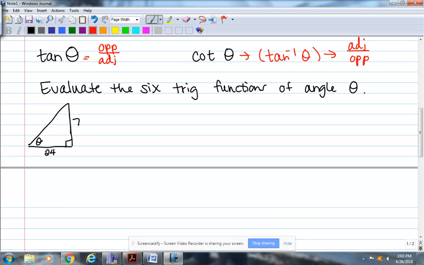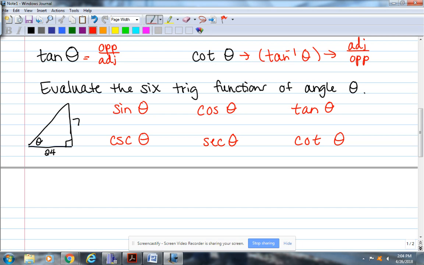So my 6 trig functions will be sine theta, cosine theta, and tangent theta. And then I've got cosecant theta, secant theta, and cotangent theta. And remember SOHCAHTOA.